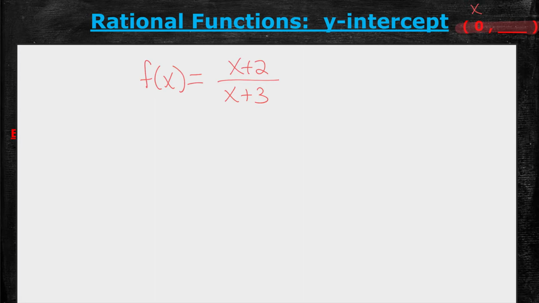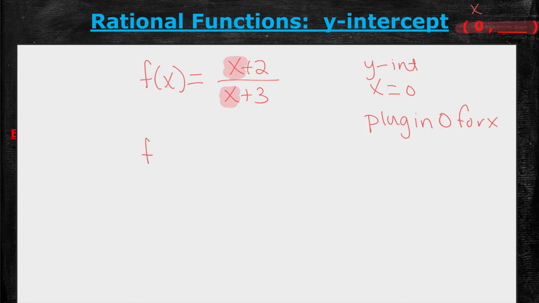Then that's my most simplified function. Since my x is 0 in the y-intercept, then what you're going to do is plug in 0 for x. So everywhere you see an x, you're going to plug in a 0. So this is going to look like this.